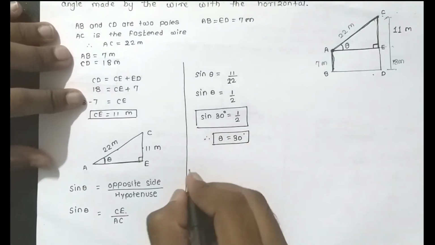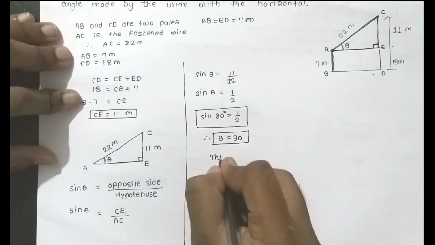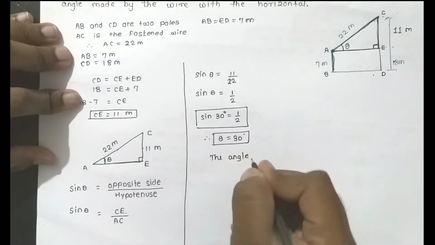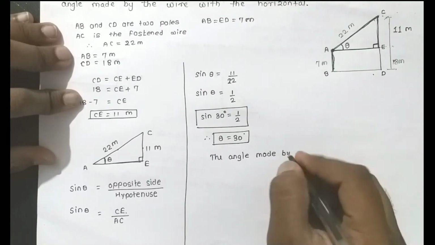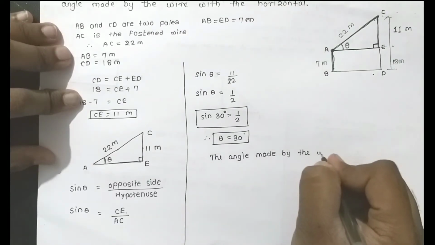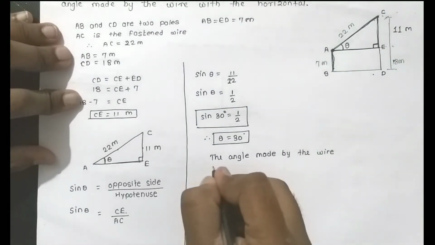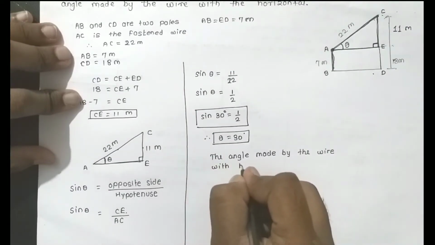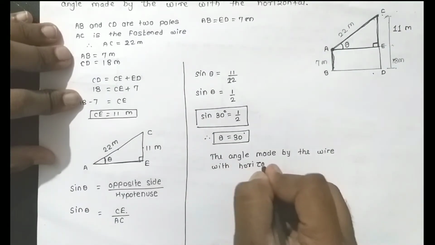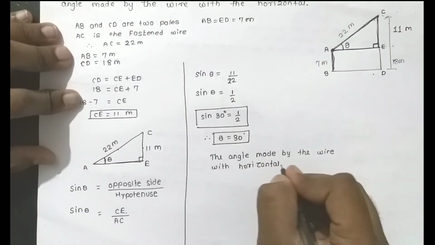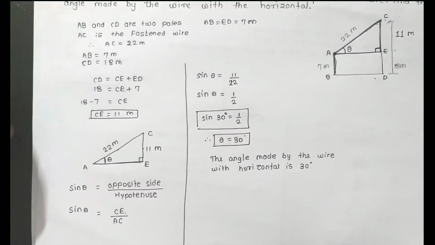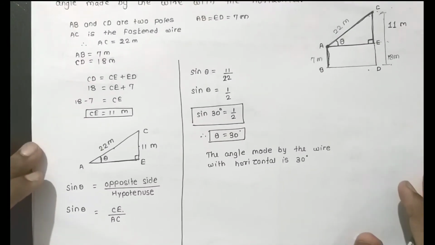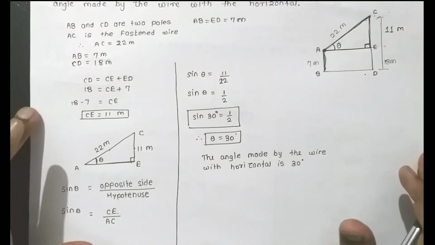So I write the conclusion: the angle made by the wire with the horizontal is 30 degree. And all students should write in this manner.